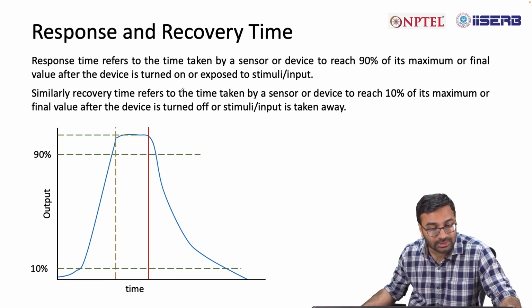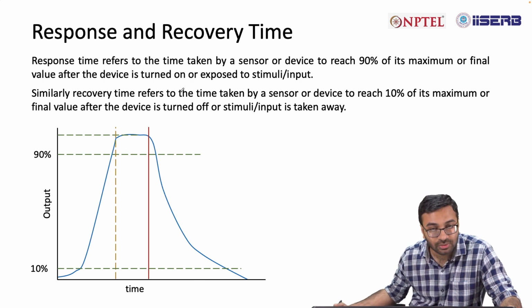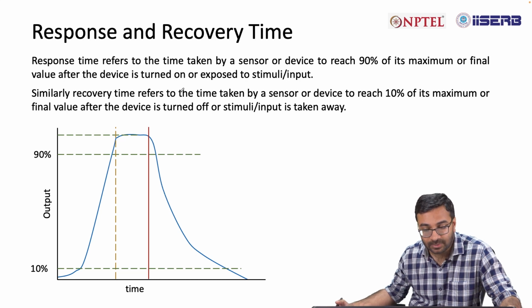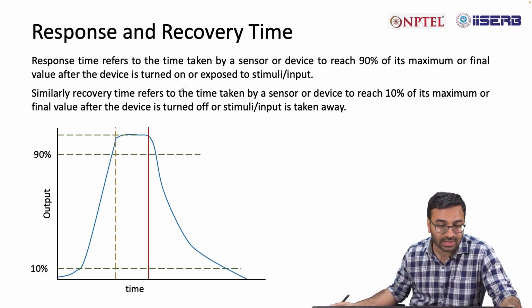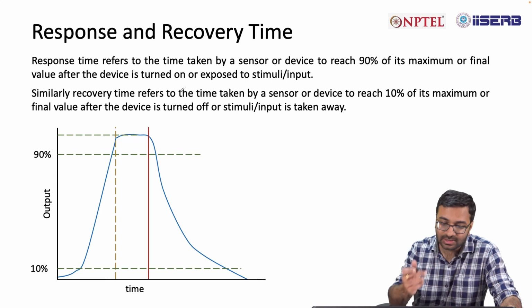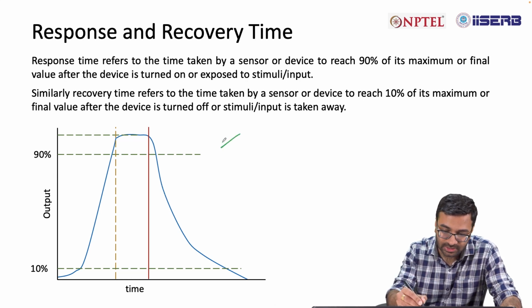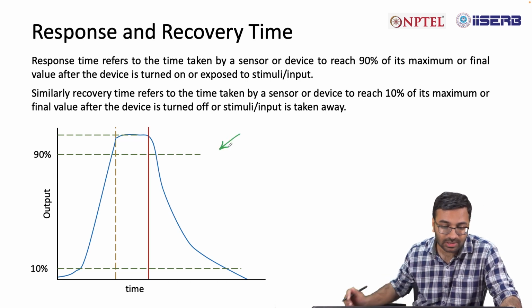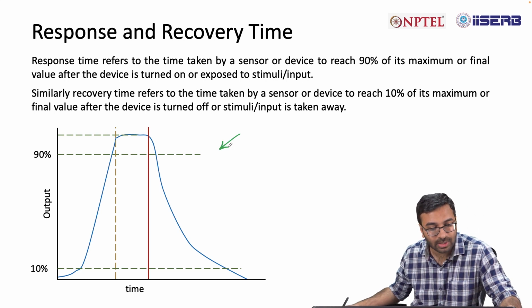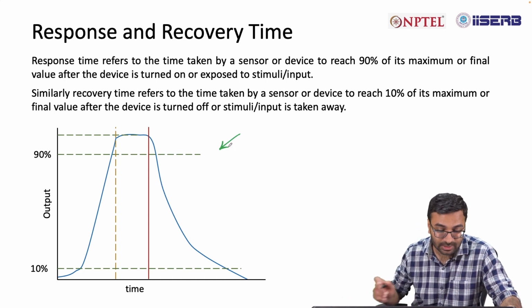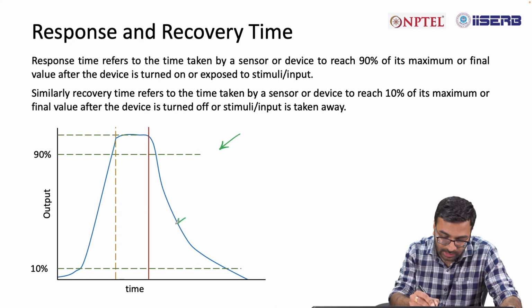Now, before we start response and recovery time, let us first define what is a response of a sensor. To make this discussion easier, I have shown a plot where this blue line shows the response of the sensor.